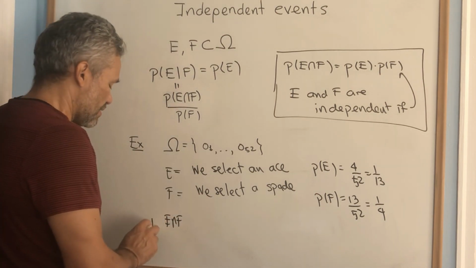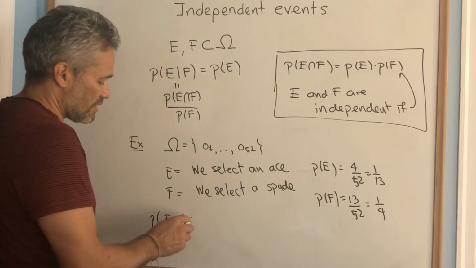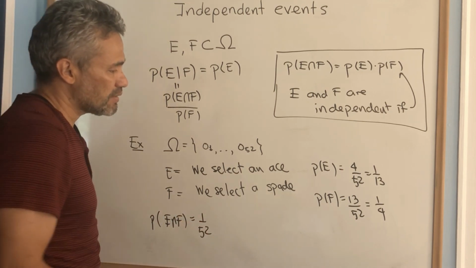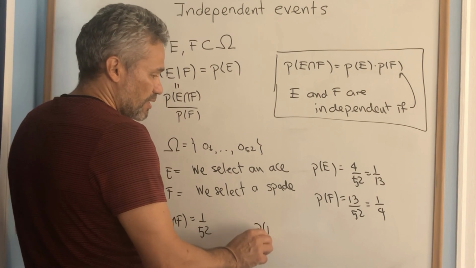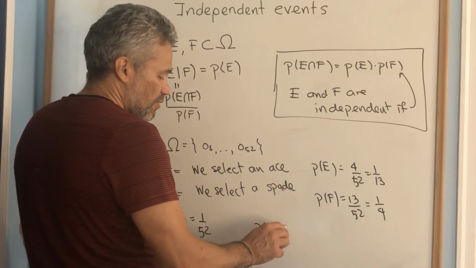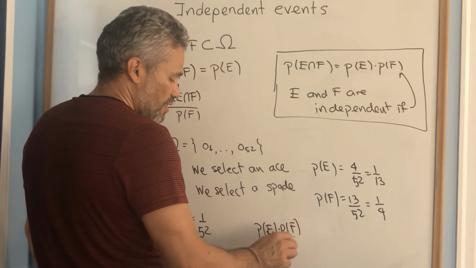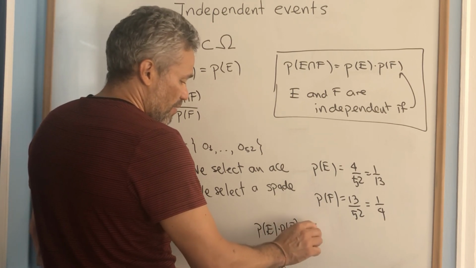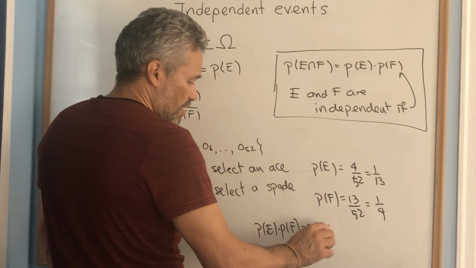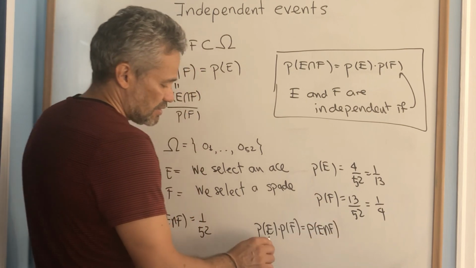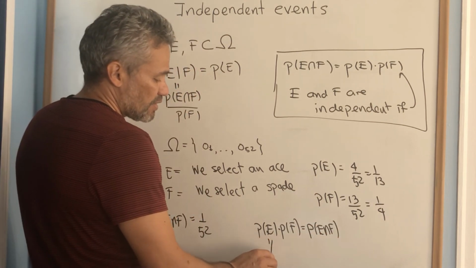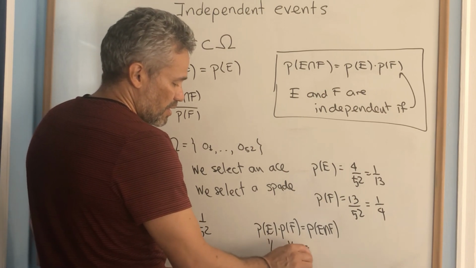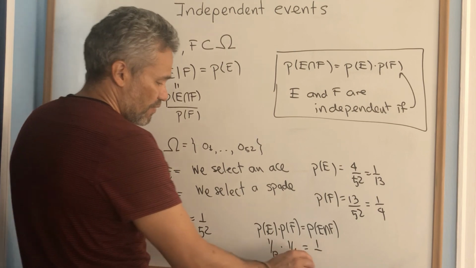What is the probability of this? There is only one card that has that property, then it's 1 over 52. And then we can check that the probability of E times the probability of F is equal to the probability of the intersection. This is 1 over 13 times 1/4, and this is 1 over 52.